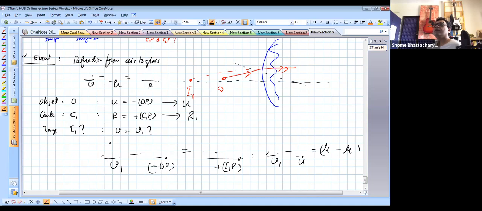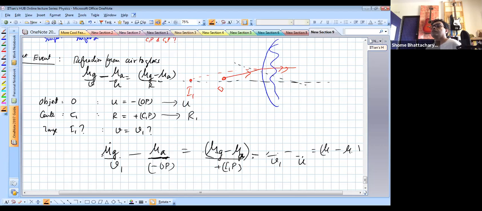So refractive index of glass by V minus refractive index of air by U would be glass minus air divided by R. Okay, so this formula we can convert to this, that refractive index of glass by V1 minus refractive index of air by U is equal to glass minus air divided by R1, where R1 will be substituted with the proper sign, in this case plus of C1P.